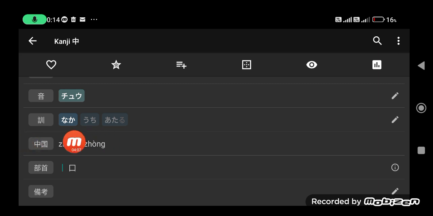Okay, if you're also interested in pinyin or Mandarin Chinese, the chu here is pronounced in Mandarin Chinese as zhong. In Hokkien, it's zhong.